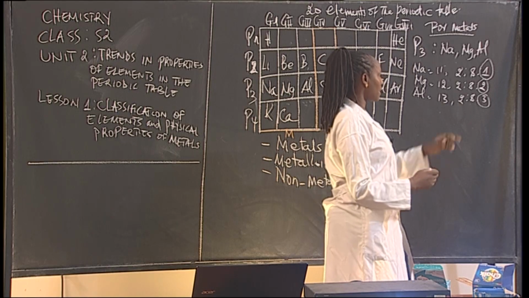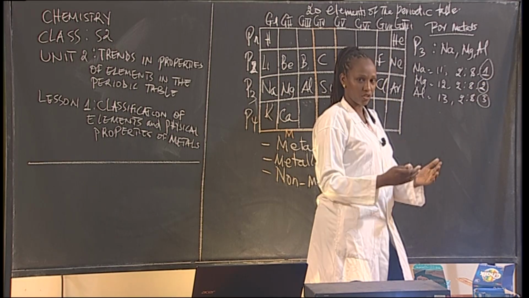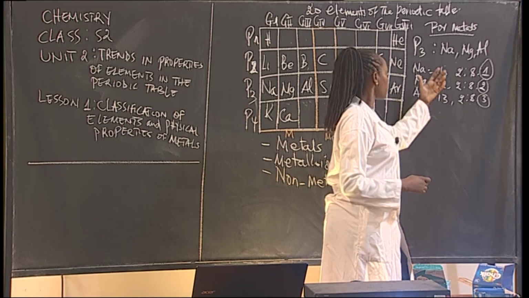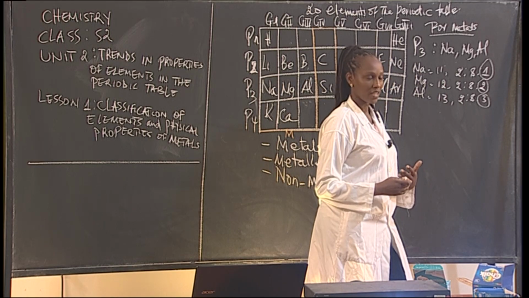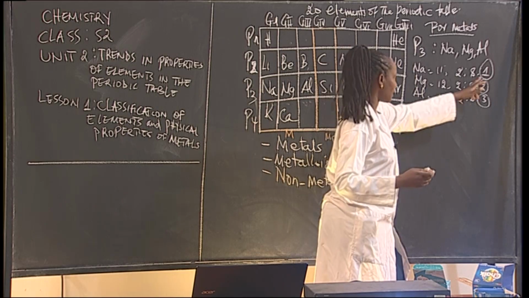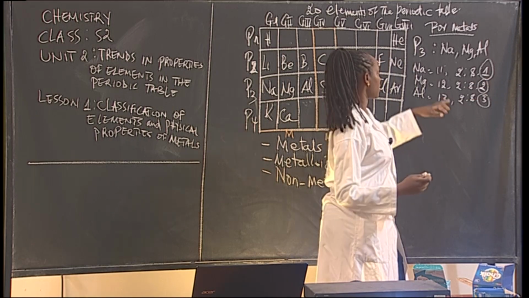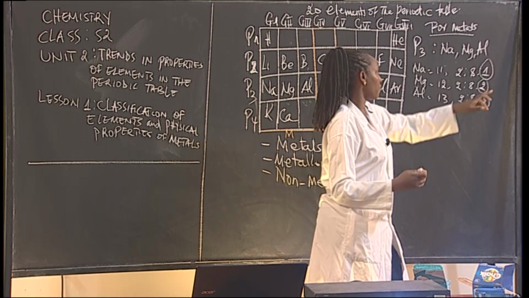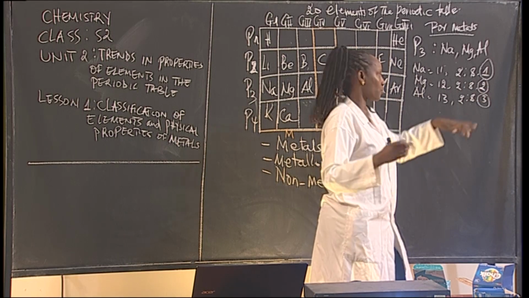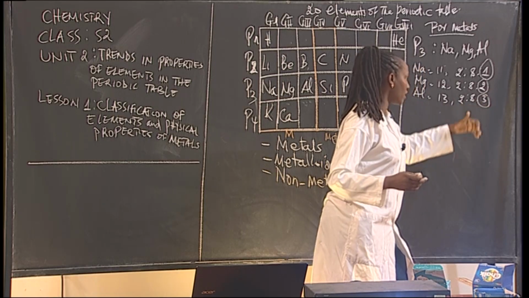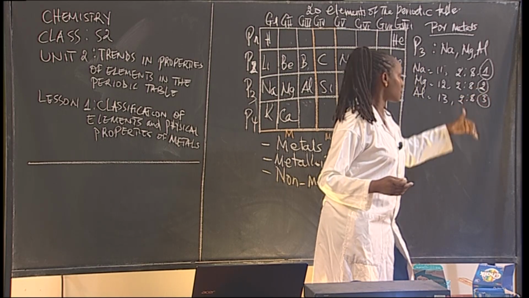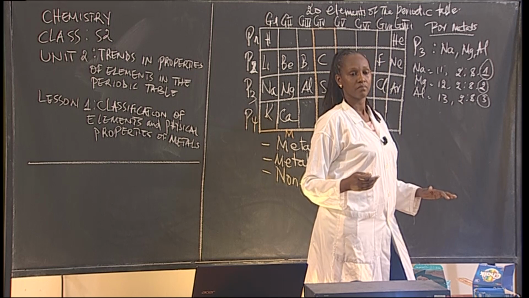So the one that has got fewer electrons, it is very easy for it to donate that electron, right? So being a fact that sodium has got fewer electrons, it is very easy for sodium to lose 1 than magnesium losing 2, and very easy for magnesium to lose 2 than aluminium losing 3.